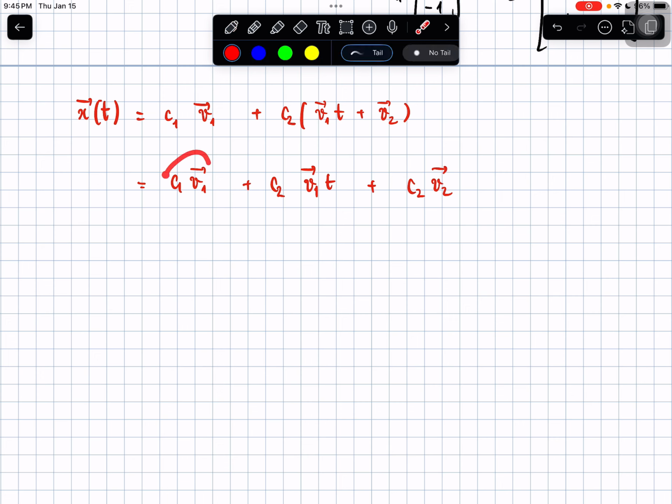These are just vectors that don't depend on t. The only thing dependent on t is this term.